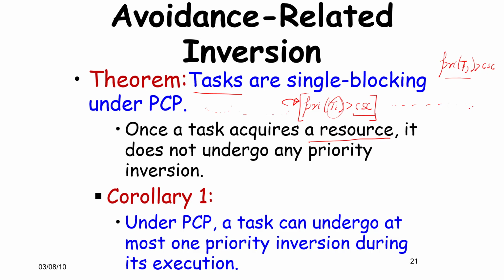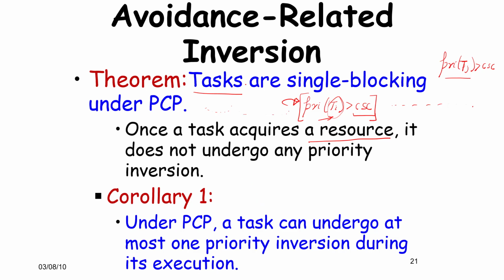But when that finishes, the control will anyway come back to Ti, and Ti would have been deemed to set the current system ceiling. So that is not important. The point is that only the first time does Ti have a difficulty. After that, the only ones to preempt it are tasks with a much higher priority. That does not count as inversion. So what counts as inversion is the very first time.